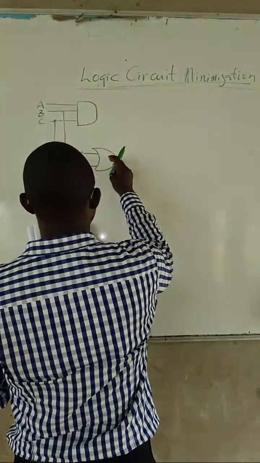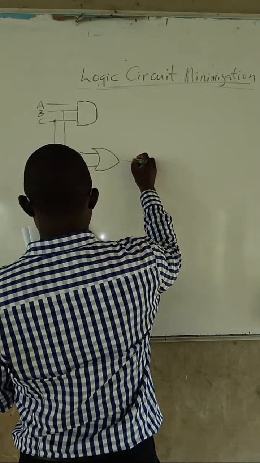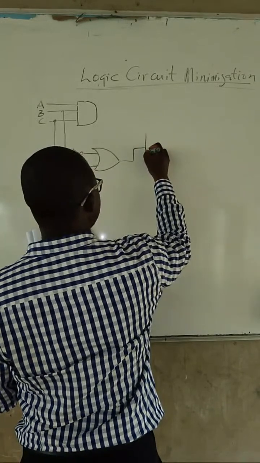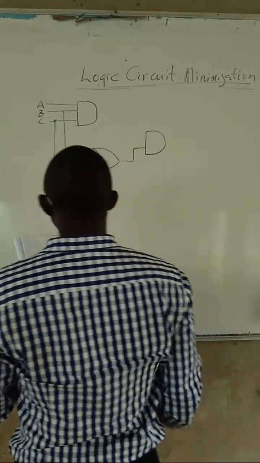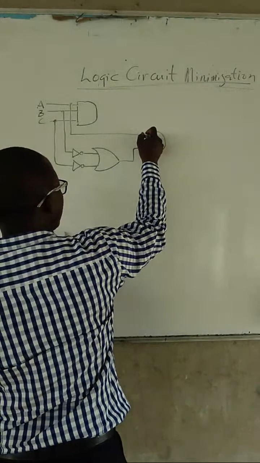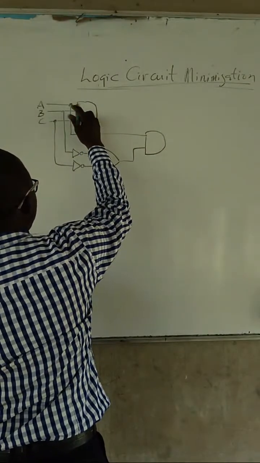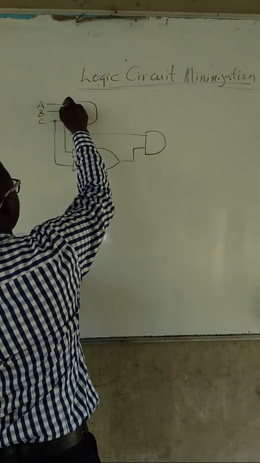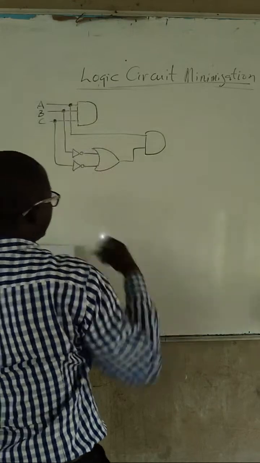The output of these gates is now entering another AND gate, which takes A as one of its inputs as well. Remember, when the line crosses like this, it's not connected unless we give a dot like this.